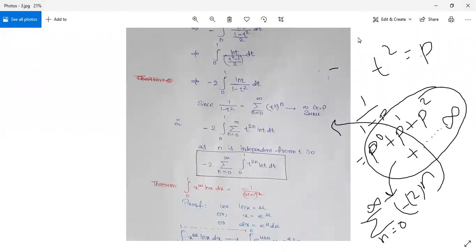So now let us move further. Now I can convert this integration.